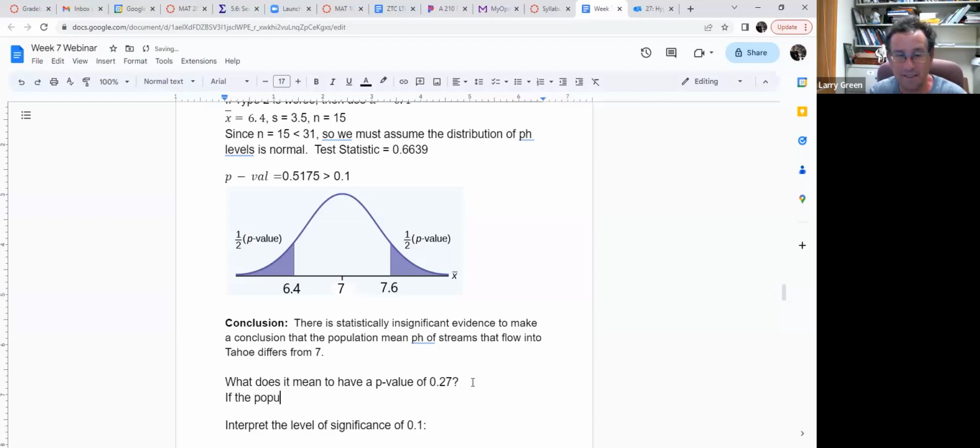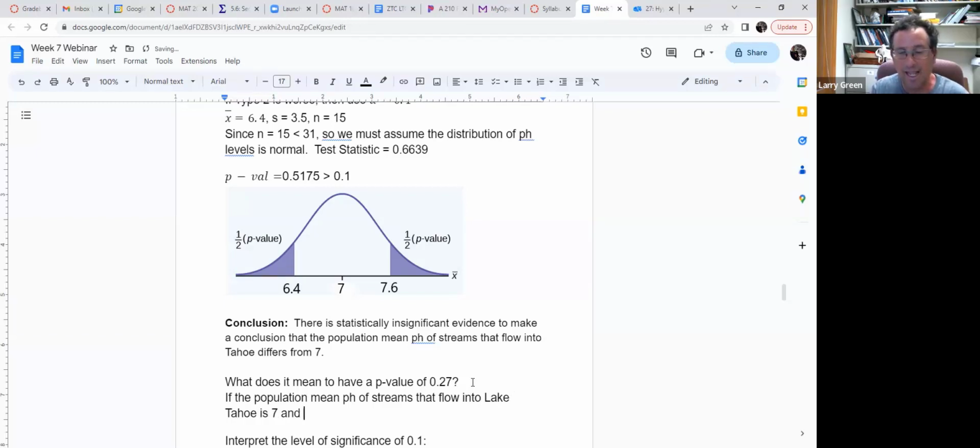If the population mean pH of streams that flow into Lake Tahoe is 7, and if another 15 streams were tested for pH, or maybe measured, then there would be a.